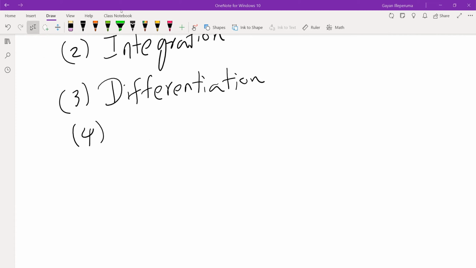What else? Differential. Are you referring to differentiation or something else? Differential amplifiers. A differential amplifier is a circuit design.